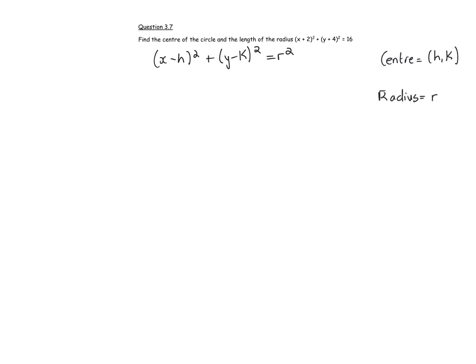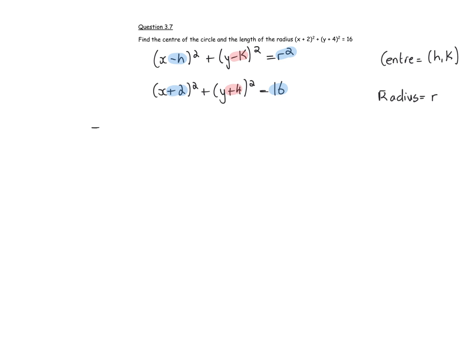In this case then, we have (x + 2)² + (y + 4)² = 16. Matching them up then, the minus h matches with the plus 2, the minus k matches with the plus 4, and the r² matches with the 16.